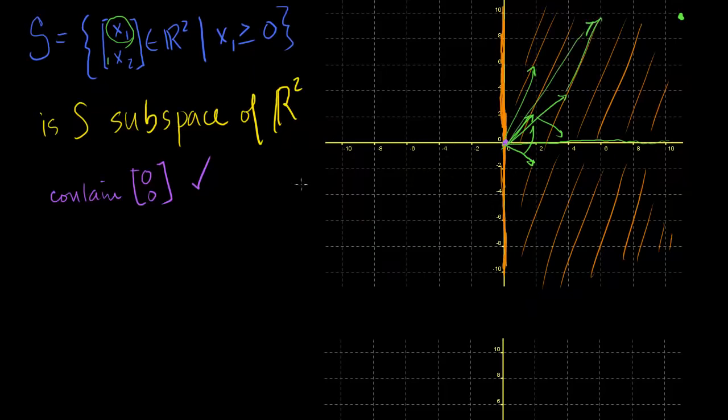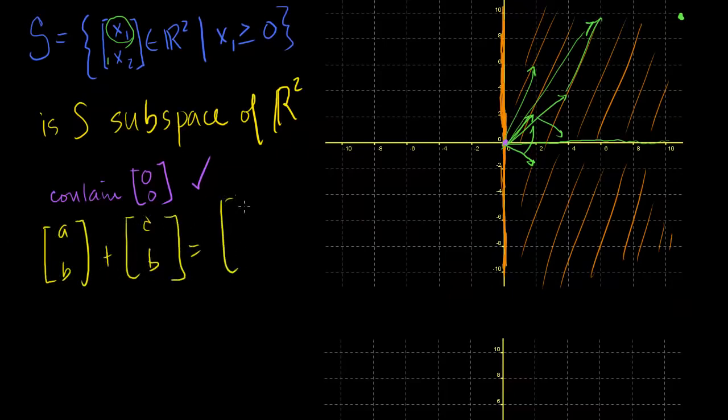And if I did it formally, let's say that I have two vectors that are members of our set. The first one is (a, b), and I add it to (c, d). What do I get? I get (a plus c, b plus d). So a is going to be greater than 0, c is also going to be greater than 0.